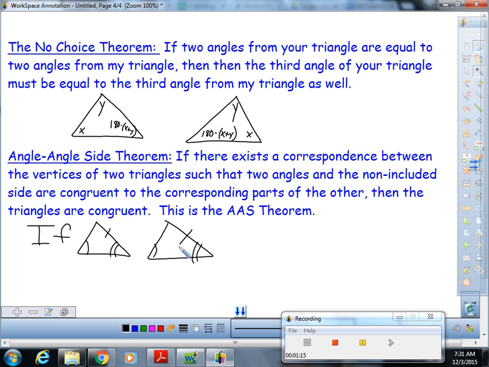And let me give it some letters. So if you know that, then what do you know? You do know that B and Y are congruent, okay? But this theorem tells you that you actually know more than that. What do you know? That's right. But hold that thought, Grace, because that's going to be how we prove this.